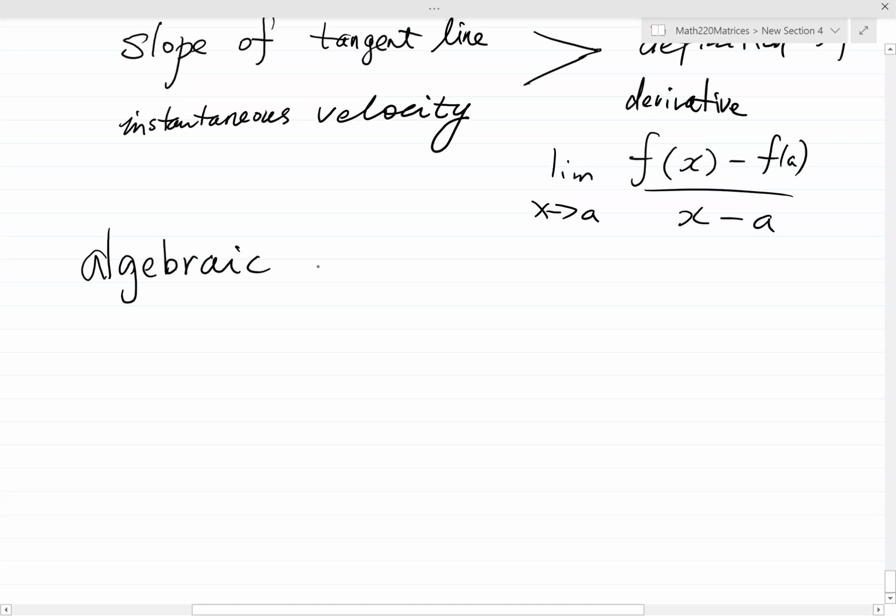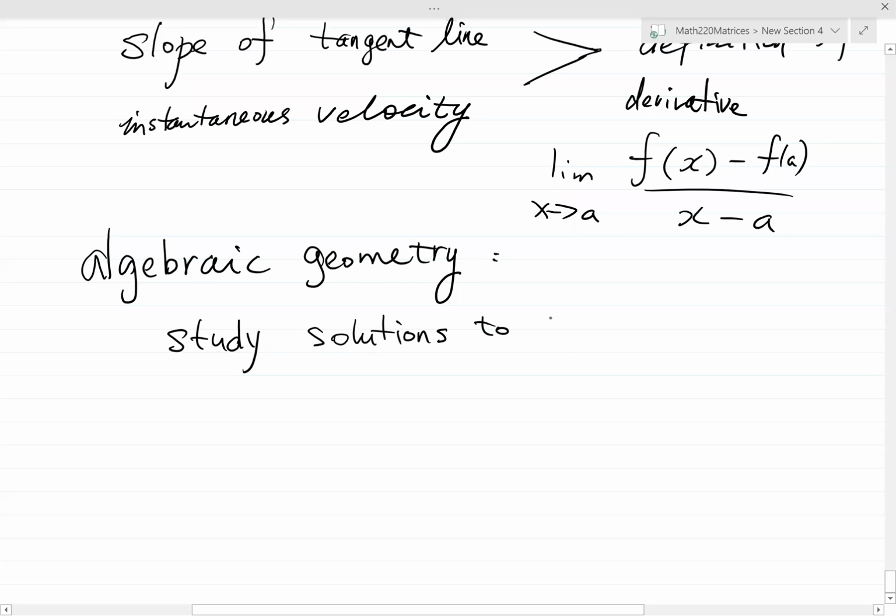This branch of mathematics is really beautiful mathematics. What it studies is solutions to polynomial equations.